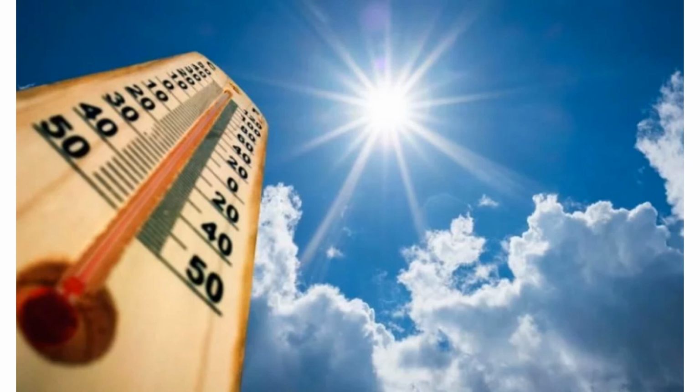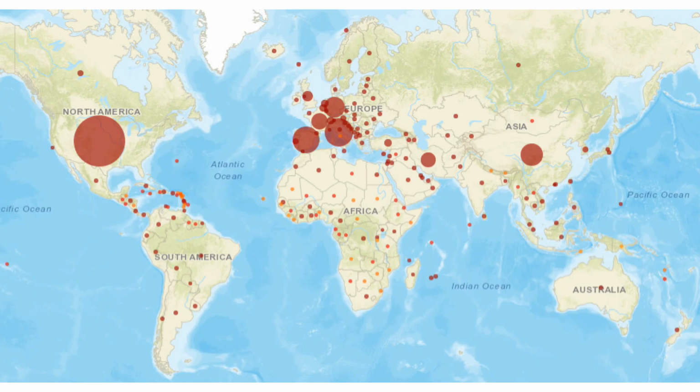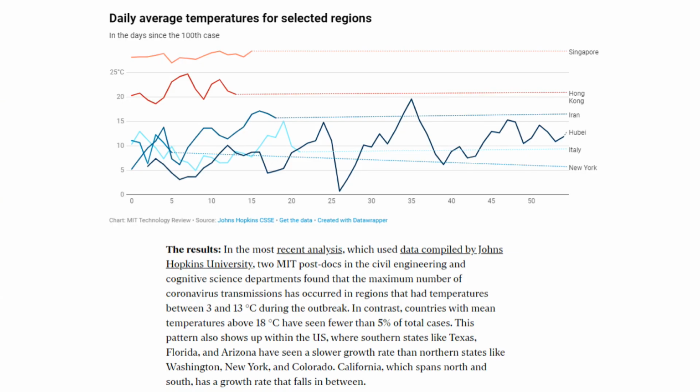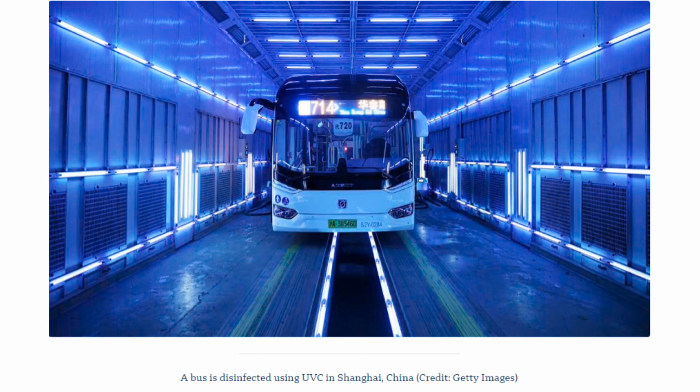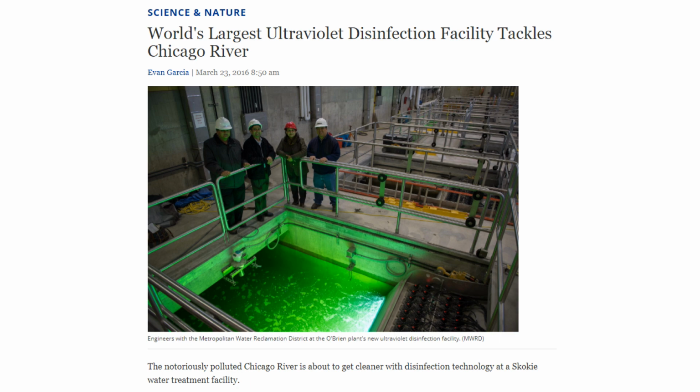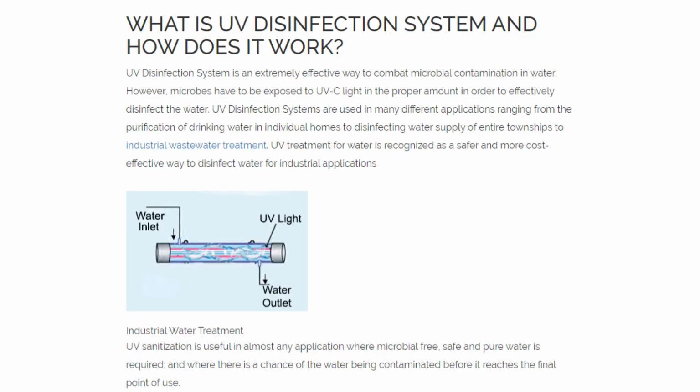And then we got yet another factor of weather, temperature, sunlight, humidity, and how that can affect the virus. In fact, ultraviolet light has long been used for disinfecting entire buses, and utility companies use it for disinfecting water, and humidity probably plays a factor as well.